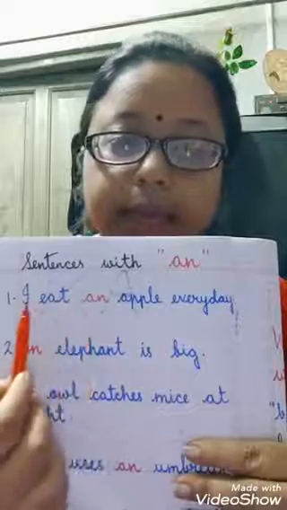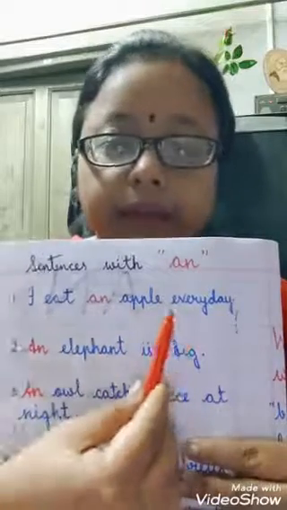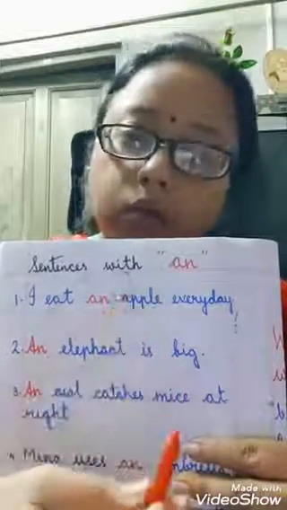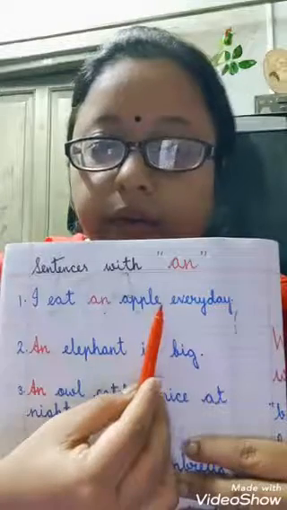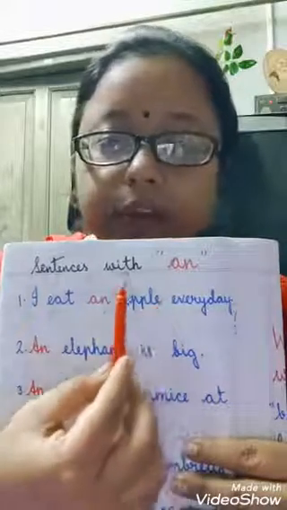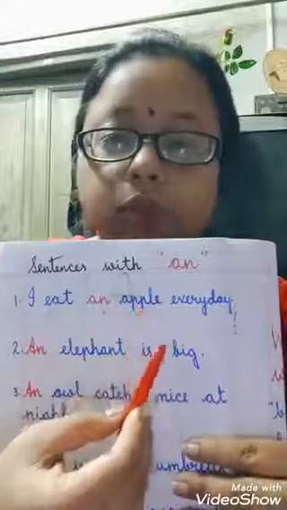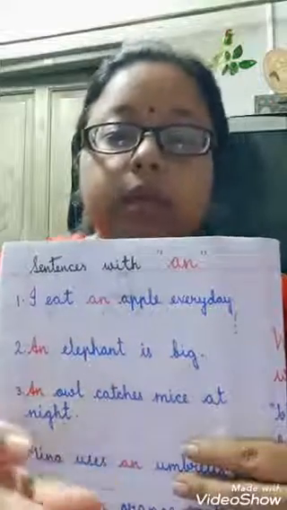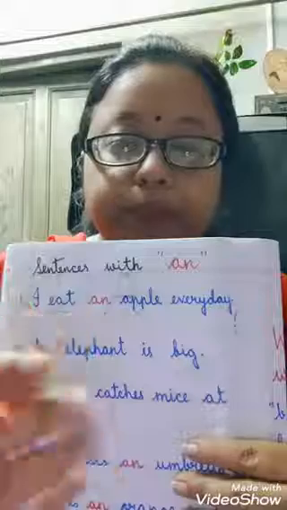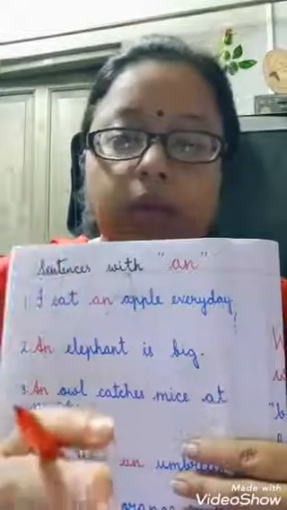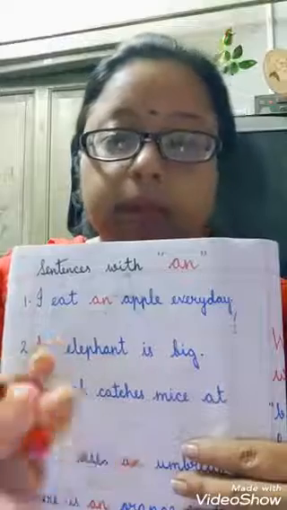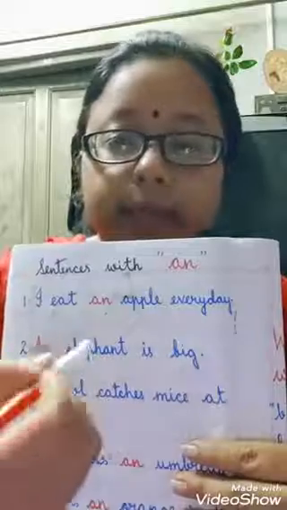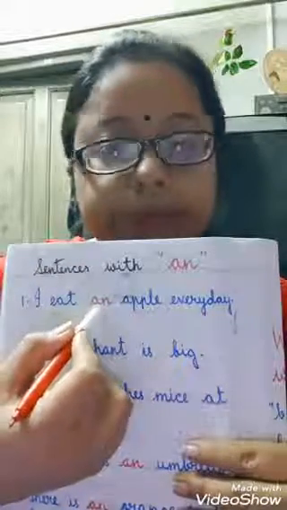In this sentence, I eat an apple every day, I am talking about one apple only. I haven't written any S over here. I have written only apple. That means I am talking about one apple. So whenever we talk about any one thing or any one animal that starts with A, E, I, O, U, then we use an. Clear?